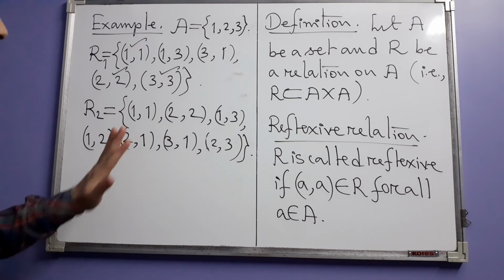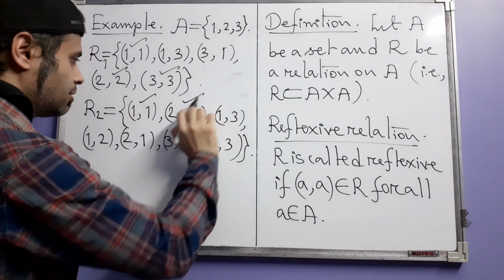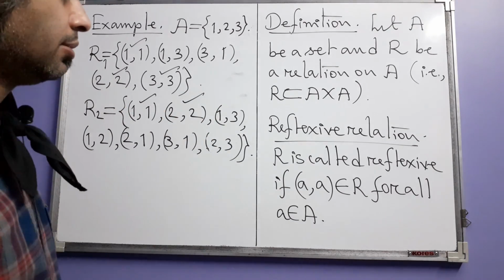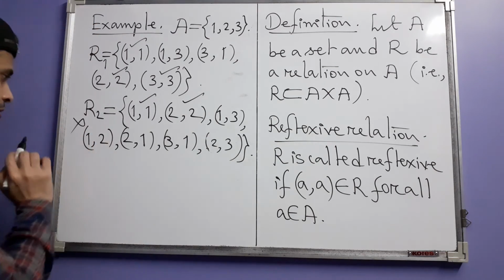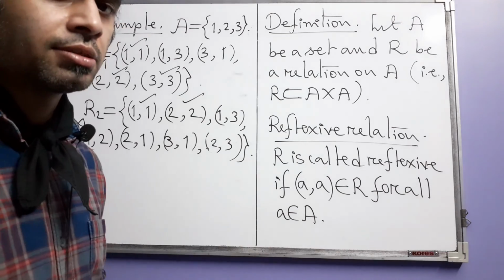However, R2 is not reflexive because although it has (1, 1) and (2, 2), (3, 3) is missing. That is why this is not reflexive, this is reflexive. Okay, so that is a reflexive relation.